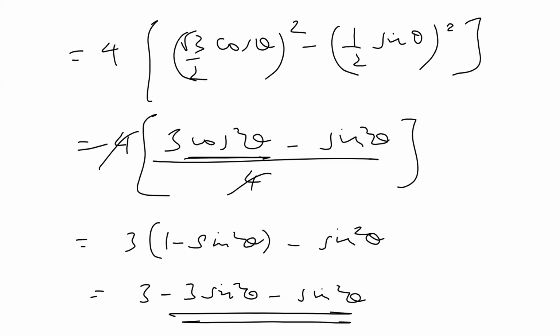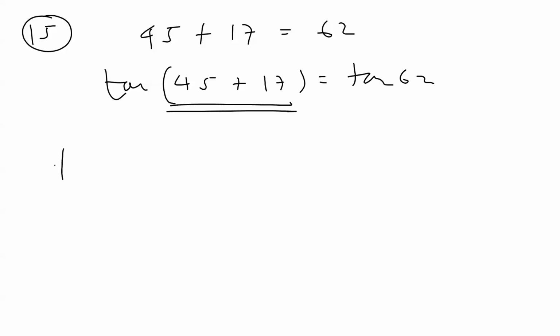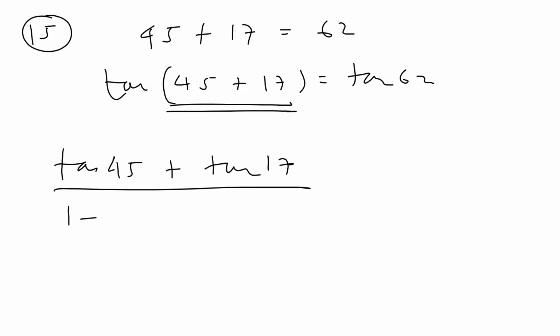Let's go to question number 15. 17 and 62 are related to each other with a standard angle. So I'll start in this manner. 45 plus 17 is equal to 62. Taking tan on both the sides. Tan A plus B is tan A plus tan B upon 1 minus tan A tan B, equals tan 62.